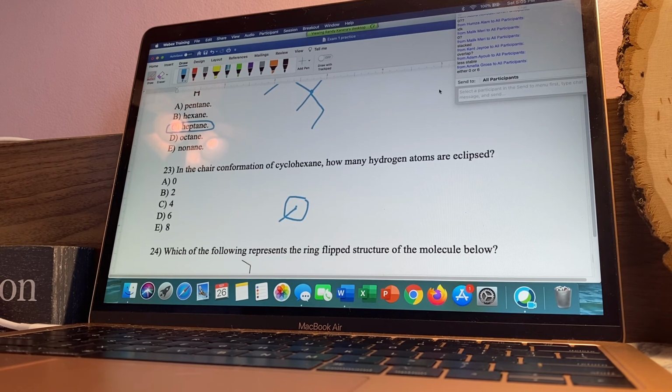You have a hydrogen coming out. I'm not going to draw all the hydrogens. All the bonds that I'm showing are just going to have a hydrogen. It's going to be going straight up, and then down, this is to another carbon right here. Then this is to another carbon.